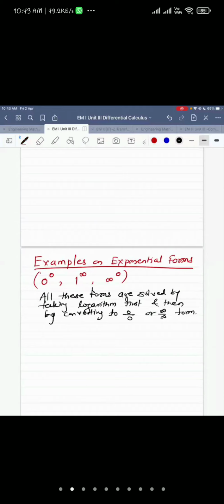Now I'll not give any theory for this. I'll directly apply the rule to the example. You'll come to know it is very simple. And now I'll not go one by one, 0 raised to 0, 1 raised to infinity. I'll take it in the mixed form. You tell me what form it is. Okay. So example 1, limit x tending to infinity of (1 by x) raised to 1 by x.